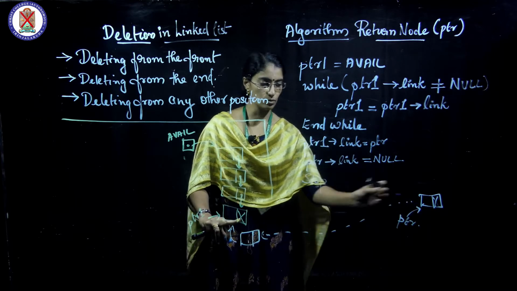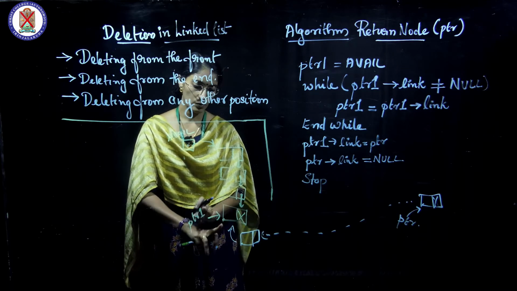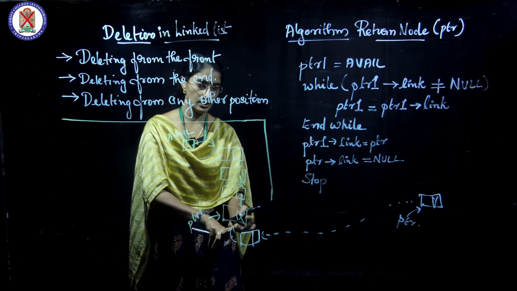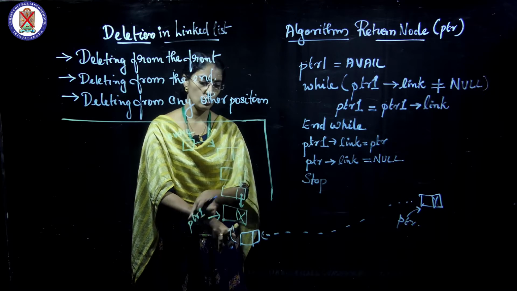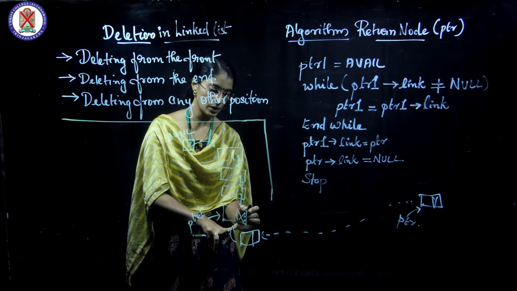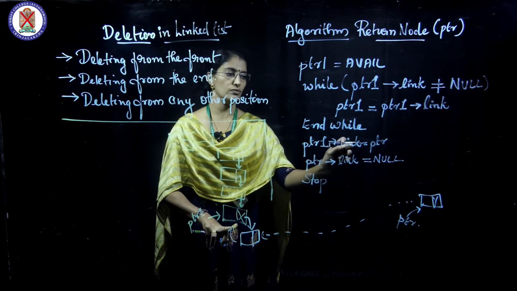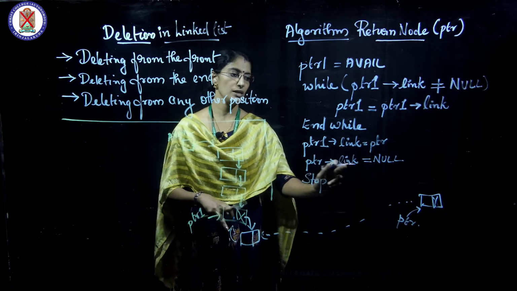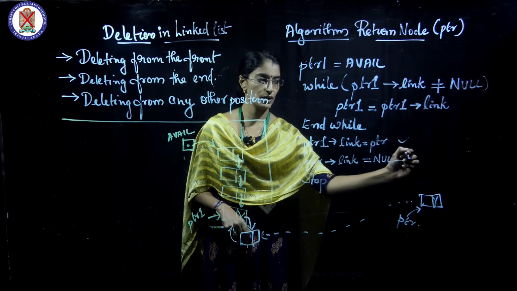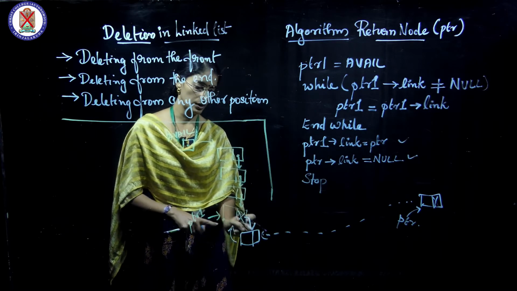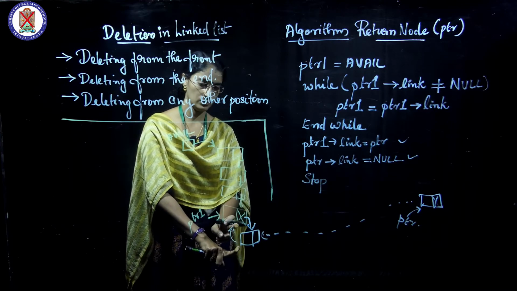This is the last node in the memory pool, and that node is known as ptr1. So in the link part of ptr1, I should give the address of ptr. That is, ptr1 of link is equal to ptr, and ptr of link equal to null. By these two steps, the deleted node is returned to the memory, right?